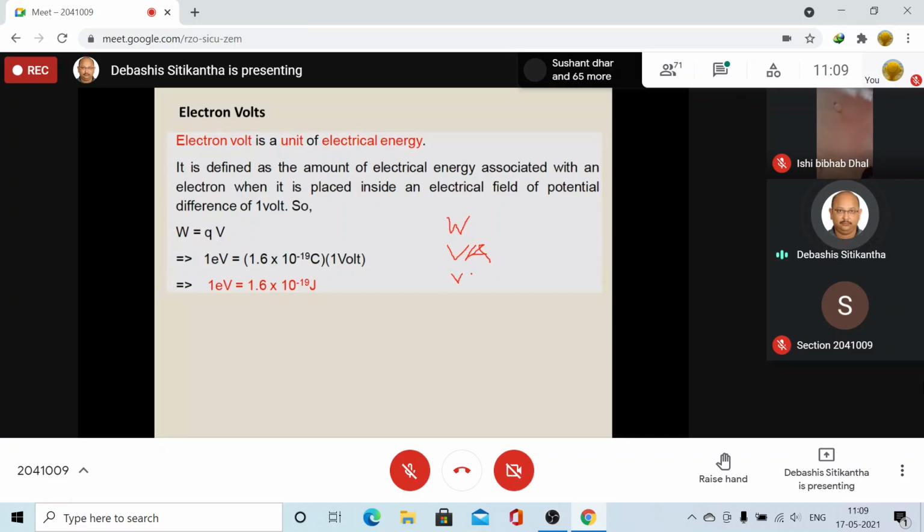And the last one is VAR, volt ampere reactive, and this one is the unit for reactive power. Similarly, we can also have some units like joules and calorie.